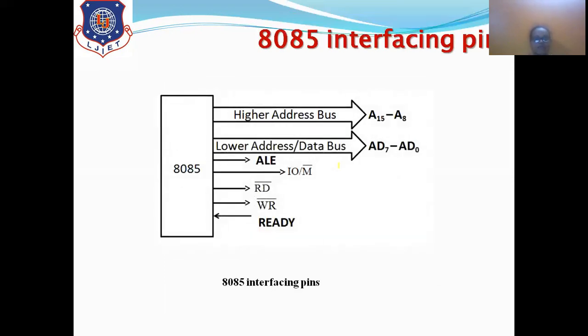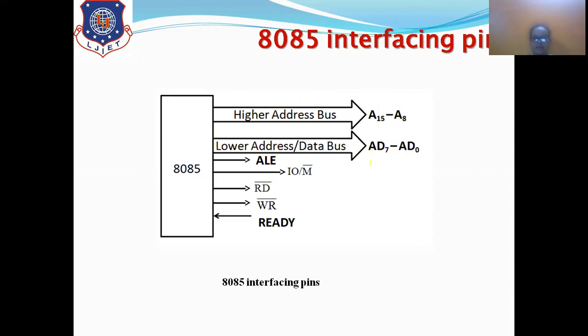Now, moving forward to the next topic, how 8085 is interfaced with the pins, right? Various pins are used for this memory interfacing. First, we use pins 21 to 28, which are our higher order address bus, that is A8 to A15. Then we use pins 12 to 19, which are the lower order address bus and data bus, which is multiplexed, that is AD0 to AD7.